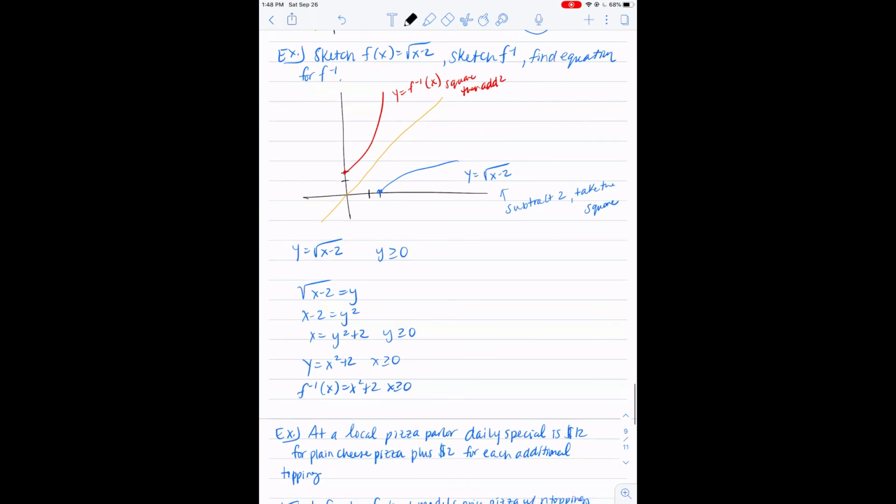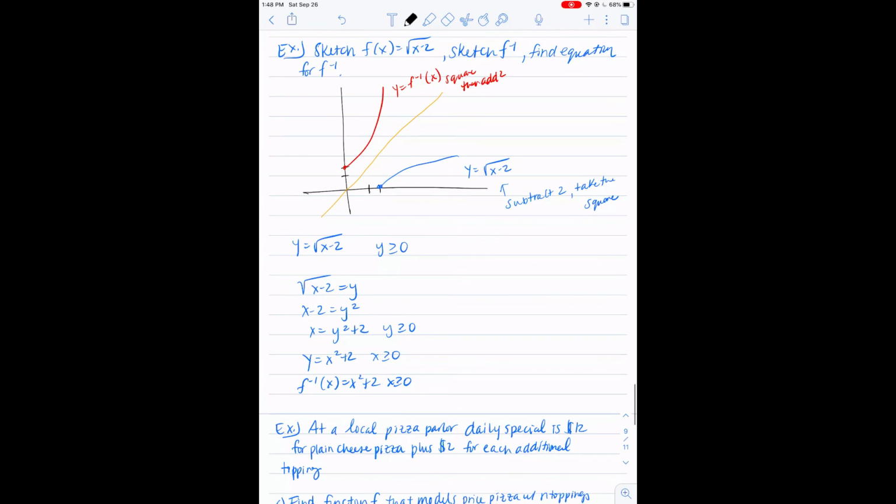Okay, so here's an example. We're going to sketch f(x) equals the square root of x - 2, sketch the inverse of f, and then find an equation for the inverse of f. So our f(x) is y equals the square root of x - 2. And basically what it's saying for f(x) is that we're subtracting 2 and then taking the square root.